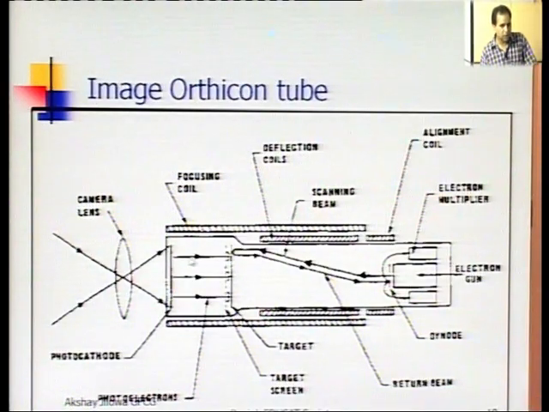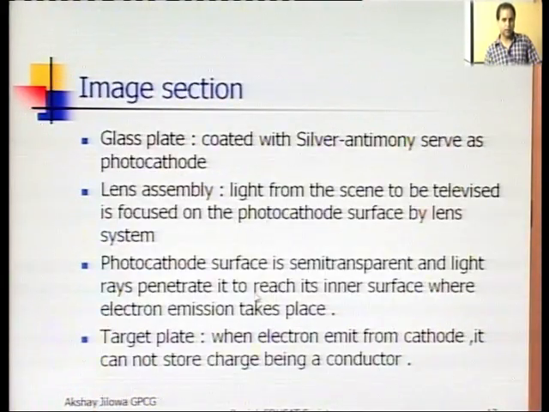When these emitted electrons travel and strike the target screen, they have some energy with them, and due to that energy some electrons may be liberated from the target screen. These electrons liberated from the target screen are called secondary emitted electrons. This secondary emission is avoided by providing a mesh just in front. These dotted lines are the mesh. So, this mesh is responsible for prevention of secondary emission of electrons.